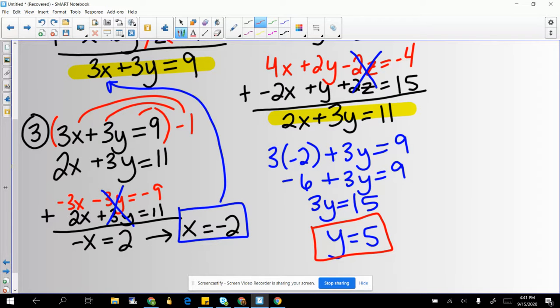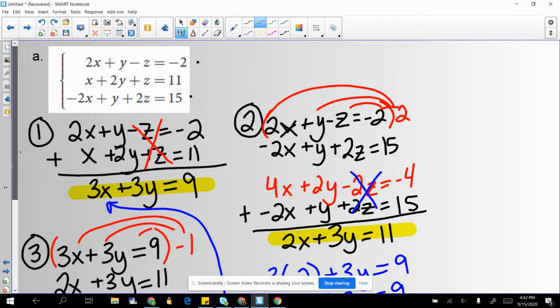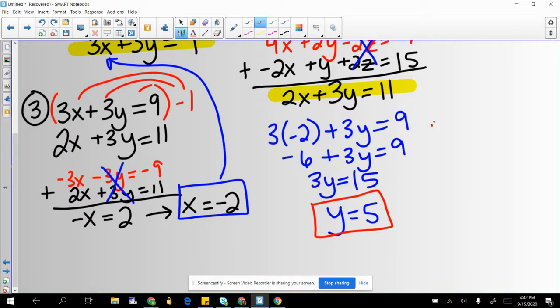And then the last part, we have our x, we have our y. So let's plug into one of the original equations to solve for z. And I'm just going to pick this first one. So 2x plus y. So 2x we know is negative 2 plus y we know is 5, minus z equals -2.